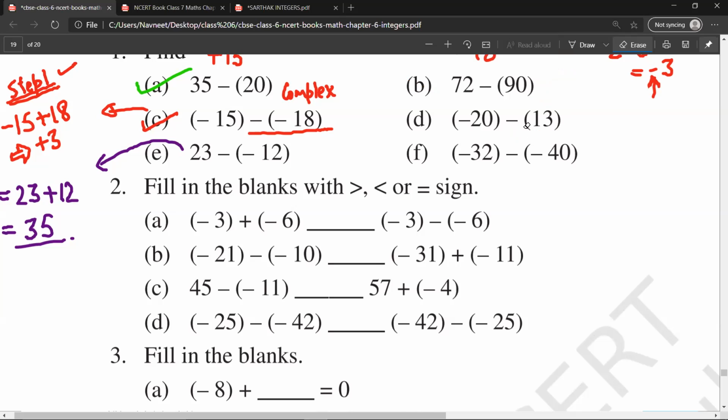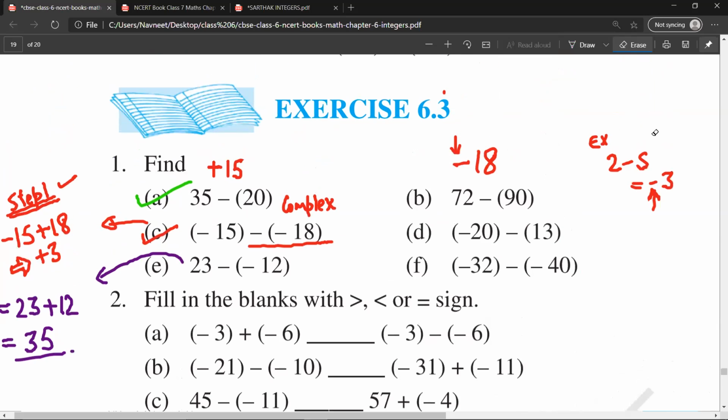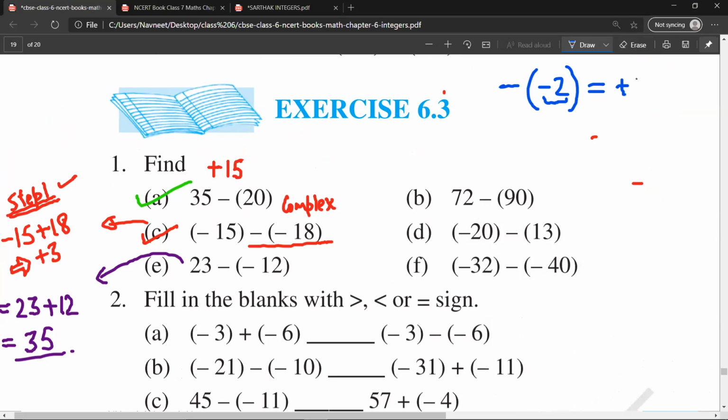And the second simple rule that I need to always remember, as long as I'm doing mathematics, is that whenever there is a negative outside the bracket, the sign of the number inside will change. If there is a plus outside the bracket, the sign of the number inside does not change. Sarthak, have you understood? Yes, sir.